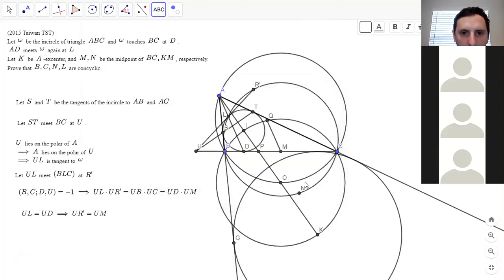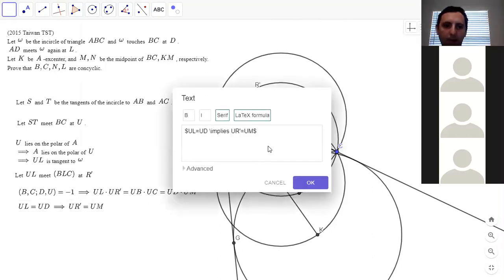And so once we know that, that means that LD is parallel to R prime M, since it's an isosceles trapezoid.